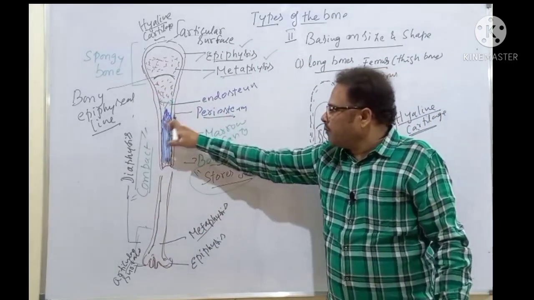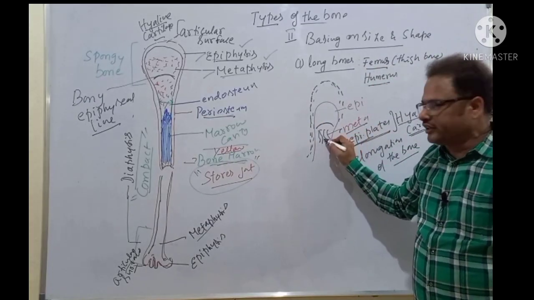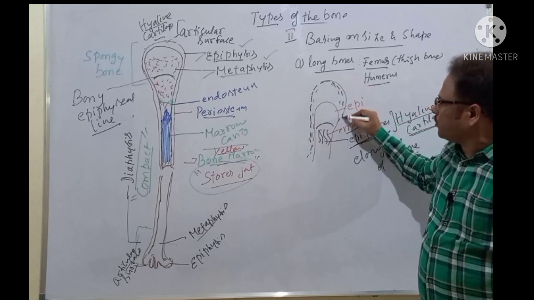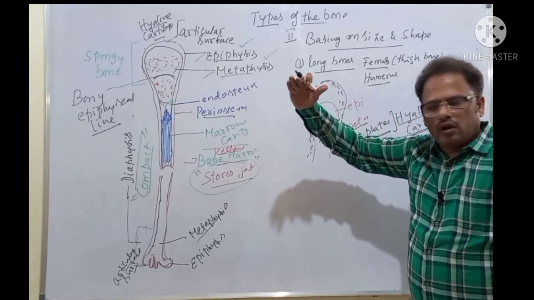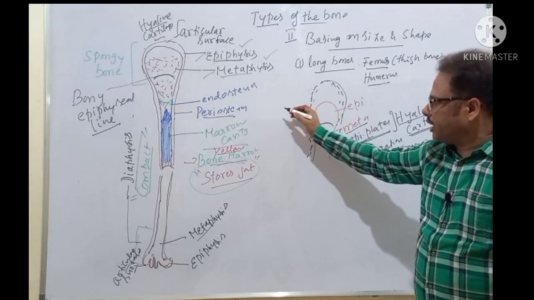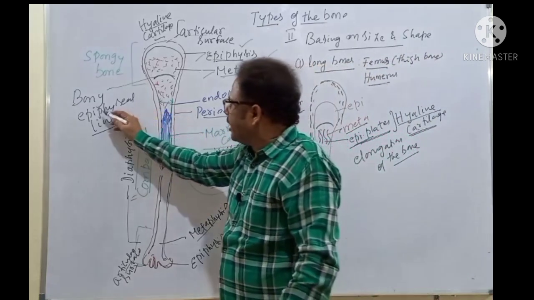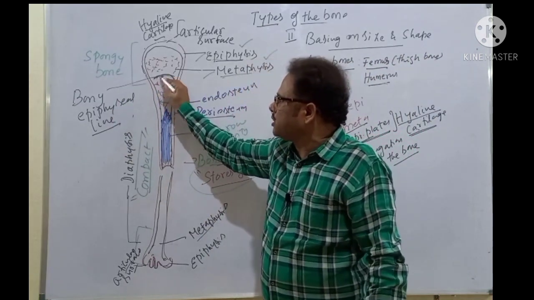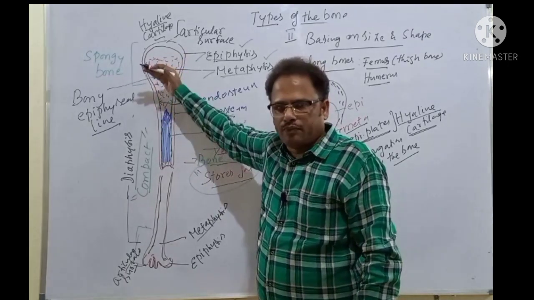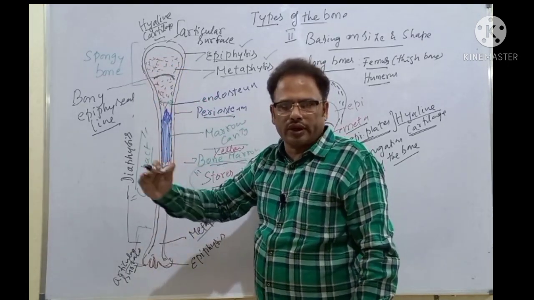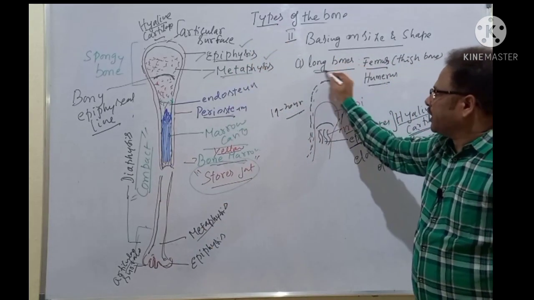Before the line is formed, the epiphyseal plates present in the metaphysis are stimulated so that there is elongation of the bone, and the child is growing. But after reaching a certain age, for example 19 or 20 years, the bony epiphyseal line is formed. Once a line is formed, there is no further elongation, and that is why the child stops growing. Clear, students? That's the story of the long bone.